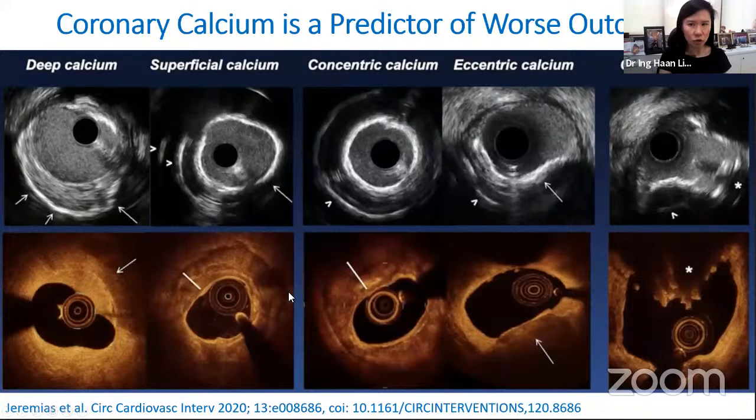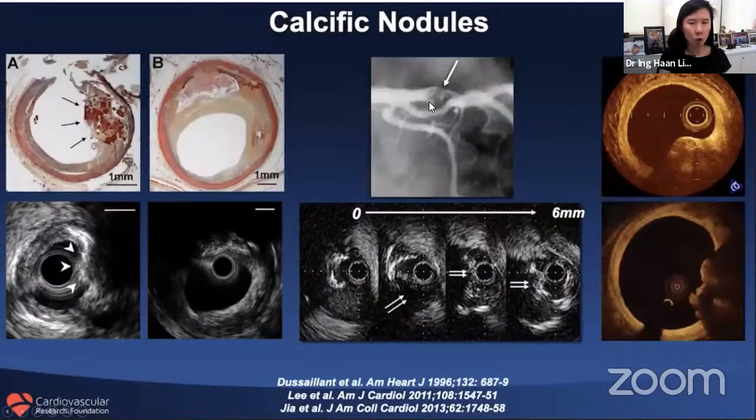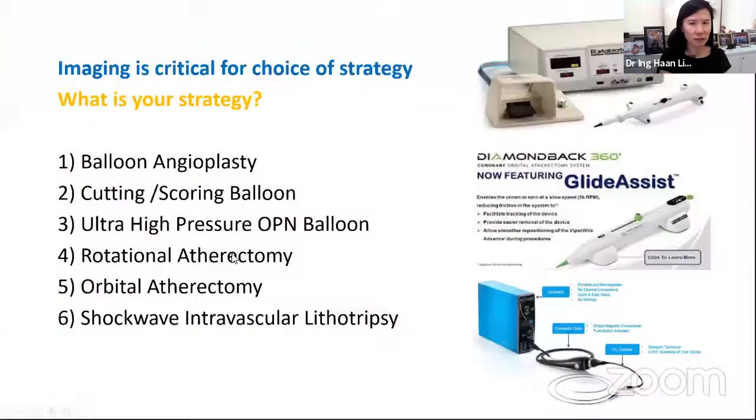I want to make special mention of calcified nodules, which may present with difficulties in stent deployment, stent expansion, and perhaps even cause problems and complications of vessel dissection, vessel perforation, and burr entrapment. This is how nodular calcium looks like on IVUS and OCT.